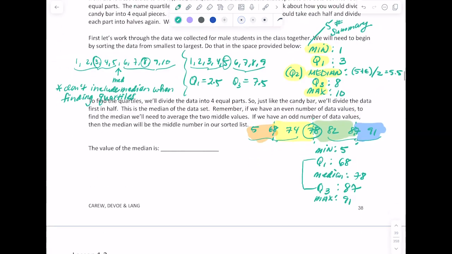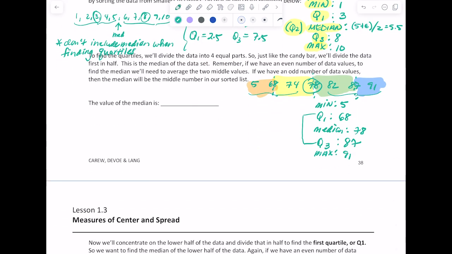So if we go back and look, right here, this represents the middle 50%, from 68 to 87. So that's your IQR, or interquartile range. And again, it's the middle 50%.